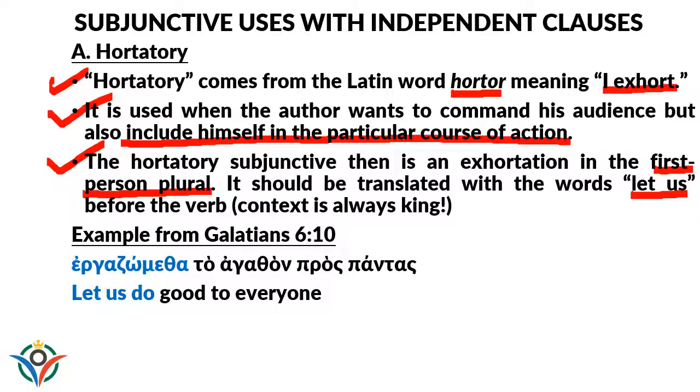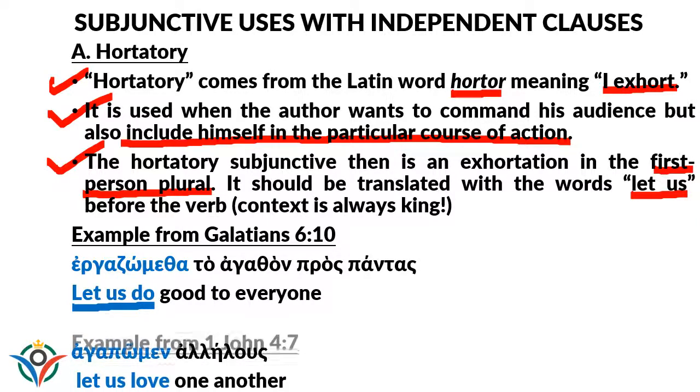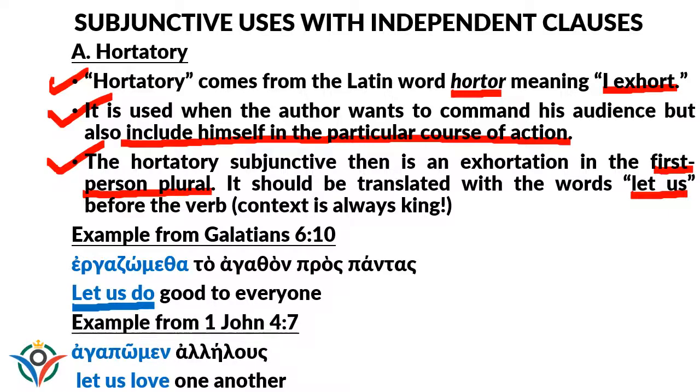But instead, because Paul's including himself in the exhortation, it's preferable to translate this as a hortatory subjunctive, where we use the words let us do good to everyone. And the second example, from 1 John 4 verse 7, follows the same principle. John writes, agapomen allelous, and once again we translate this first person plural subjunctive as let us love one another.